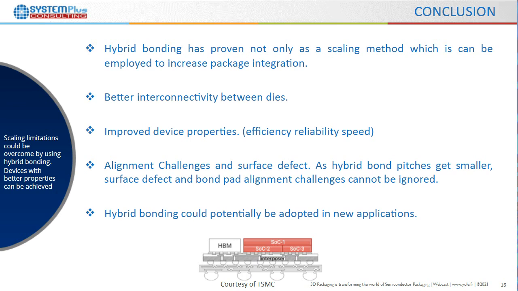Hybrid bonding could actually become a high potential for different applications, as we saw recently YMTC adopting this type of technology for their memories. It's going to be more and more adopted by different players to actually improve their components and devices.